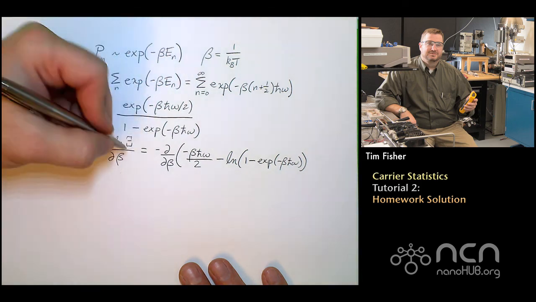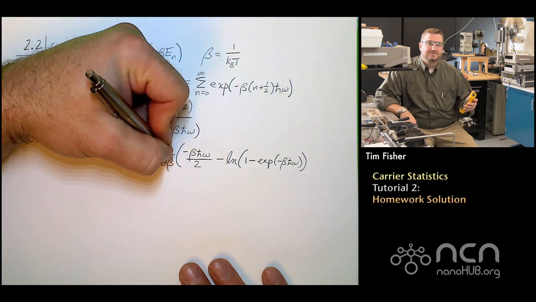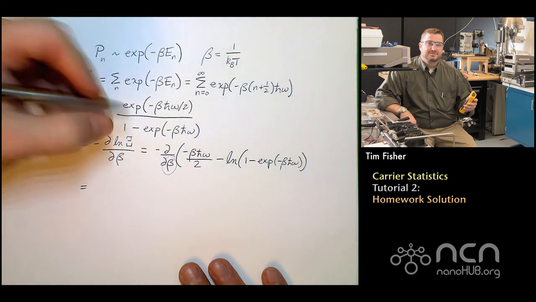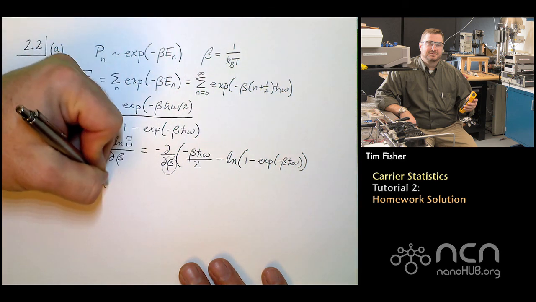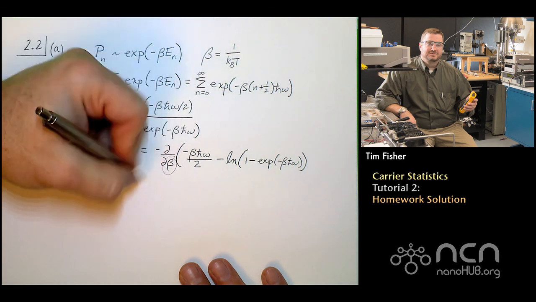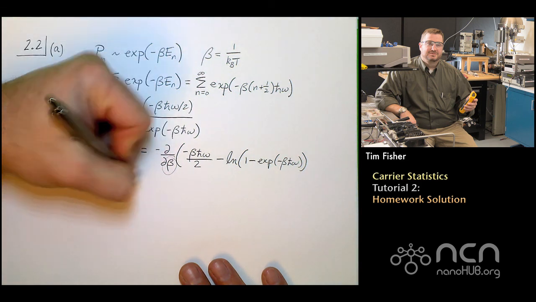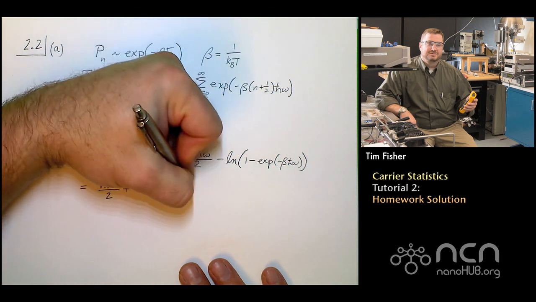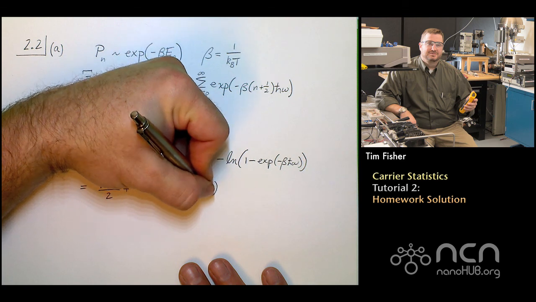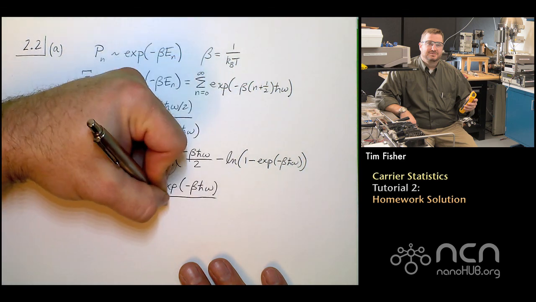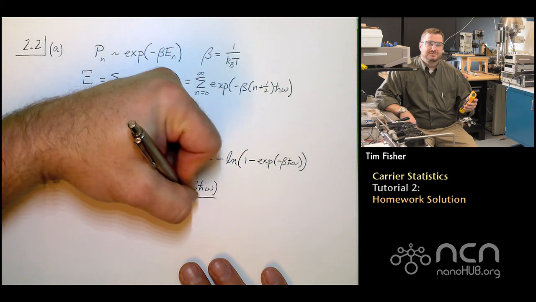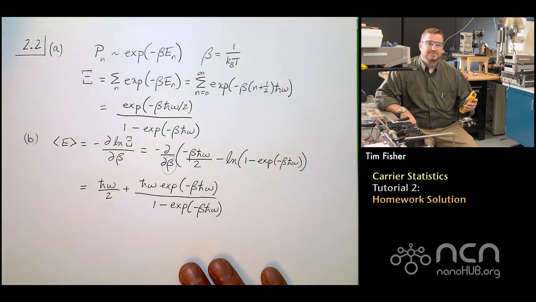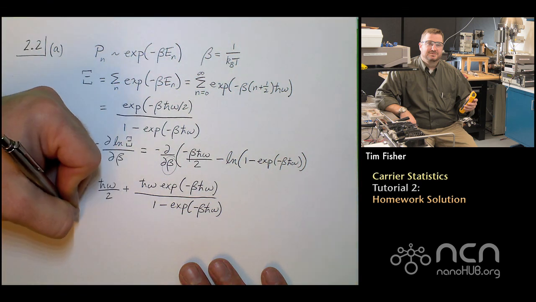And just then going through this and actually taking the derivative with respect to beta, you can simplify this, just doing some simple algebra and arithmetic here. And then we're going to simplify this a bit further.